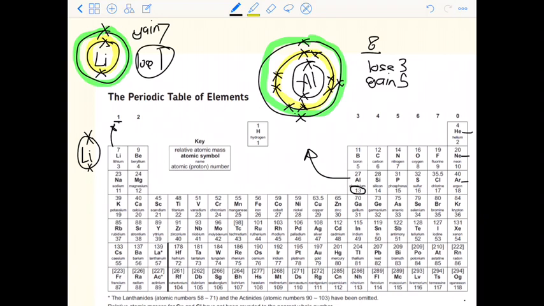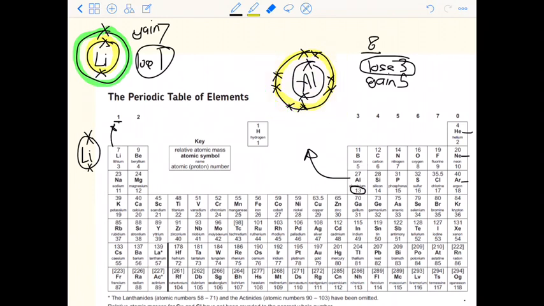Now, which one has a smaller number? It will lose the 3 electrons, and so it will lose that shell. So it'll say bye to that electron, bye to that one, and to that one. And so that outer shell is empty, so it just kind of disappears.